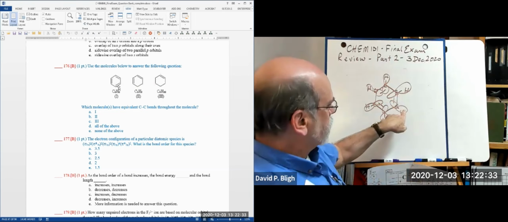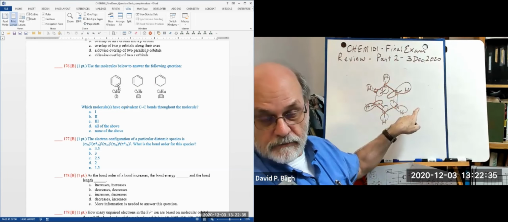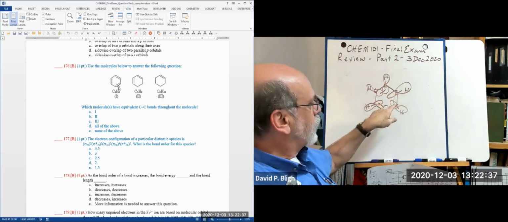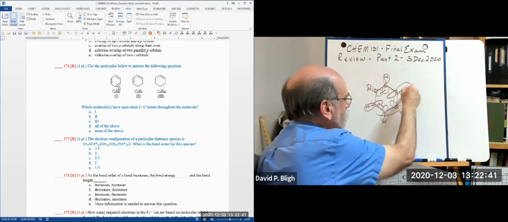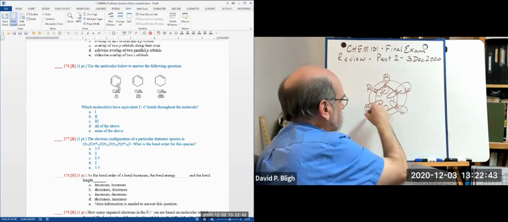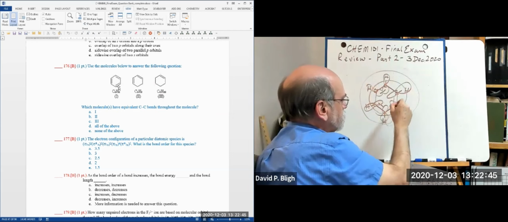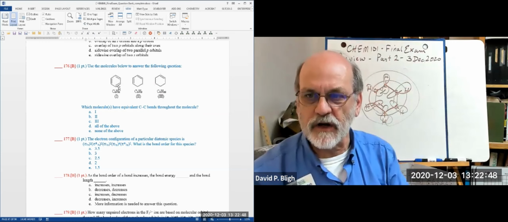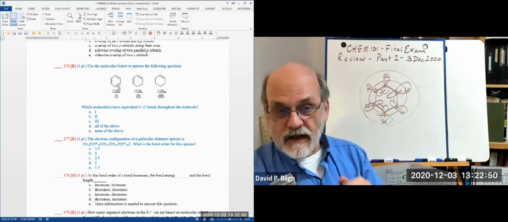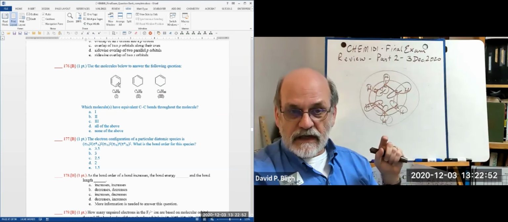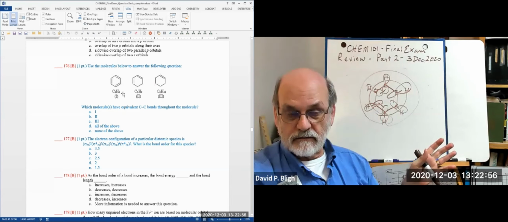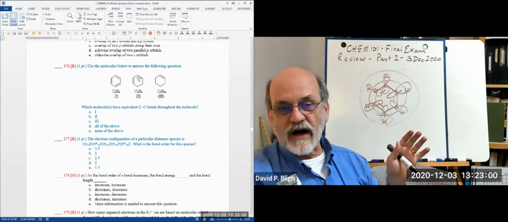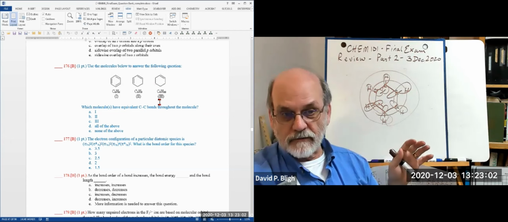So these p orbitals are unused. And what happens is you get an overlap of all of them. You get that smearing effect, which means that the bonds in C6H6 are all equivalent, whereas the bonds in this one and this one are not.